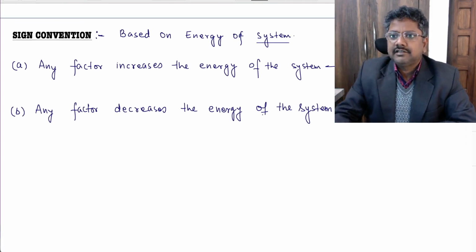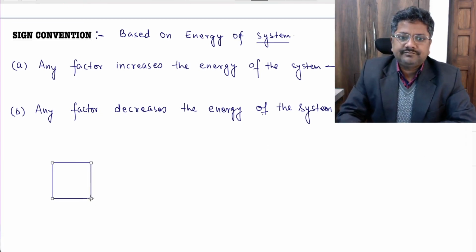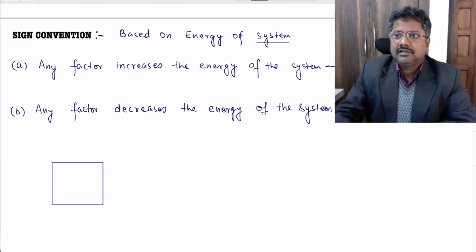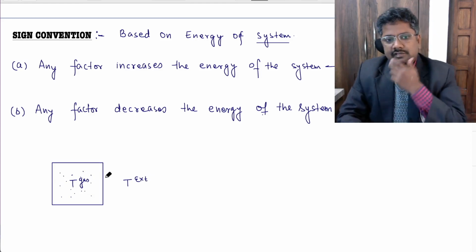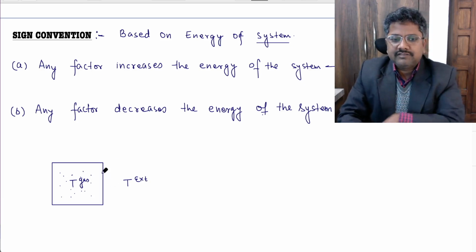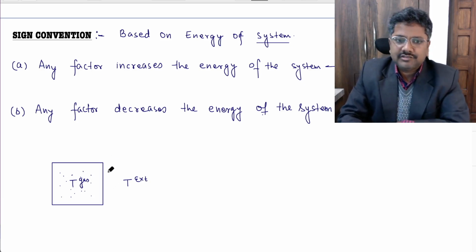Now see, suppose that you have a system, and your system has some gas. Here this is T gas, and here T external, and this wall of the material is diathermic.